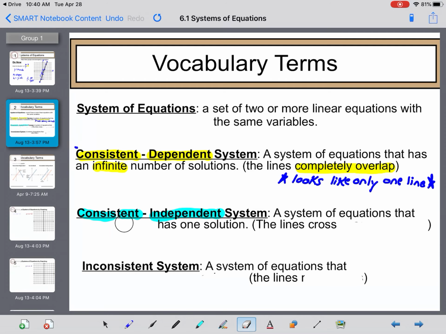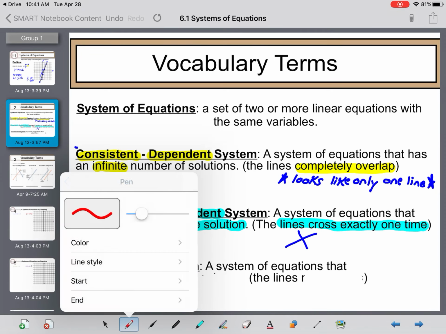Consistent independent is a system of equations that have exactly one solution. What that means is the lines cross exactly one time. And you're going to be able to identify those right away because it looks like some sort of X.